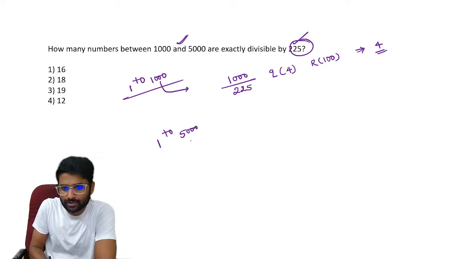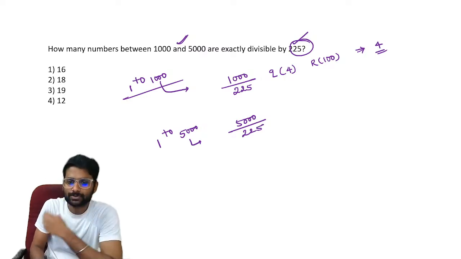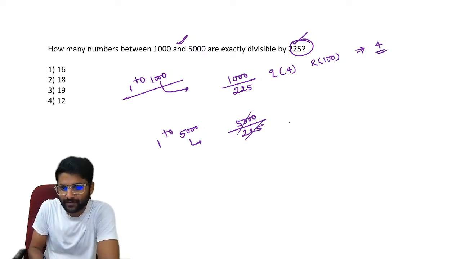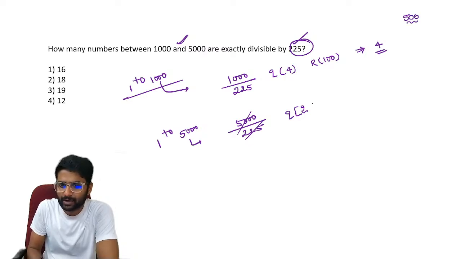Let's verify in this way. From 1 to 5000, how many are there? Now 5000 divided by 225. Let's go through the calculation here. We identify the quotient only. 225 into 2 is 450, so we have 50 carried over, and 500. Now again 225 into 2 is 450. So definitely the remainder is 50.